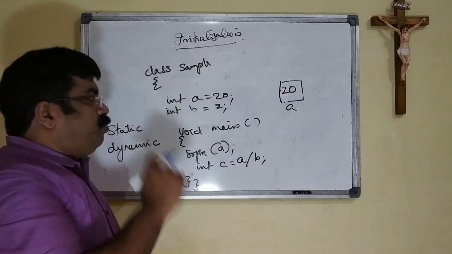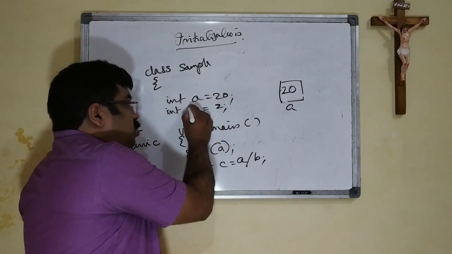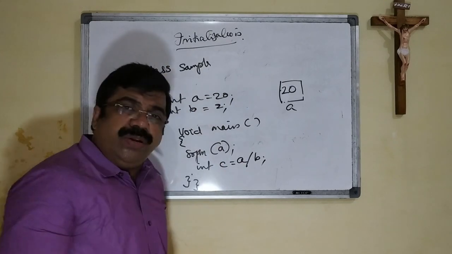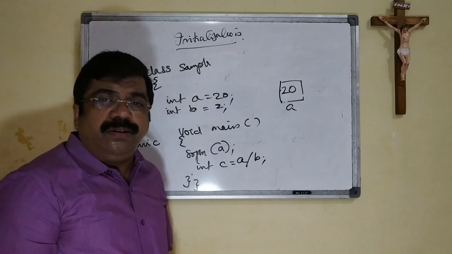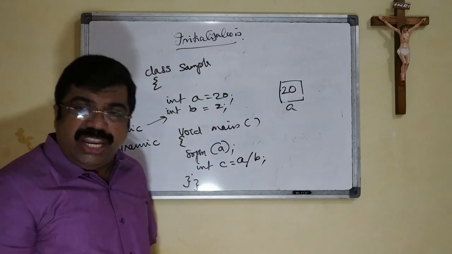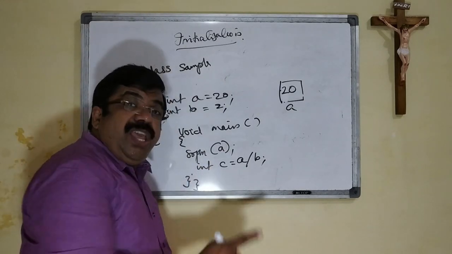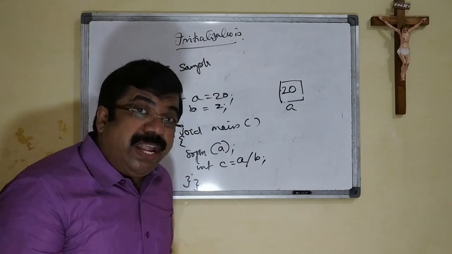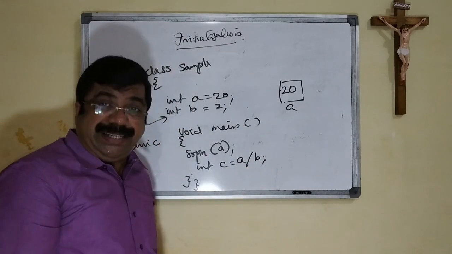While compiling this program, a's value is known, that is 20. b's value is also known, 2, because it is static initialization. The value of c will be available only when this expression is executed.